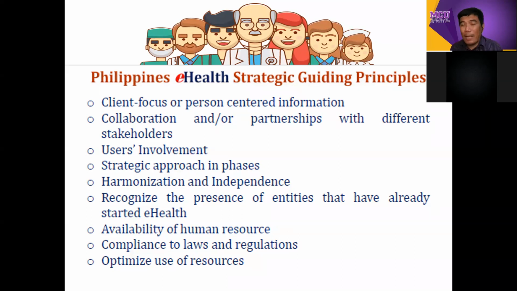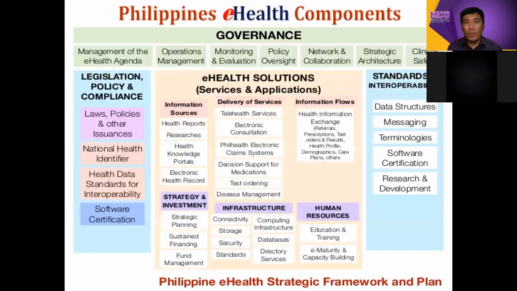So it was not established in primary care. So how would that harmonize if in the secondary and tertiary care it was established but primary care is still a problem? This has to do with human resources, the available manpower, laws and regulations, and the available resources. So these are the guiding principles of how they came up with the Philippines eHealth components.